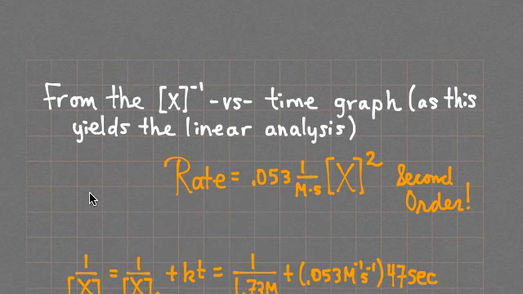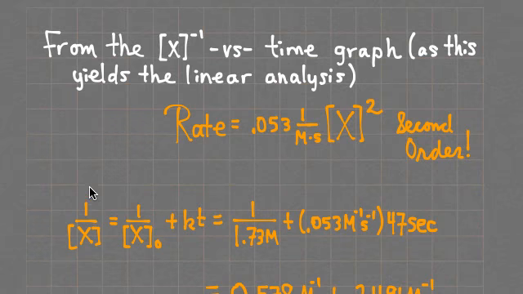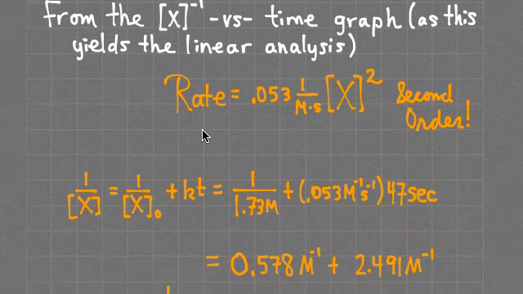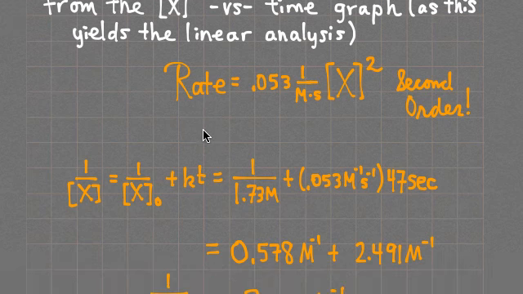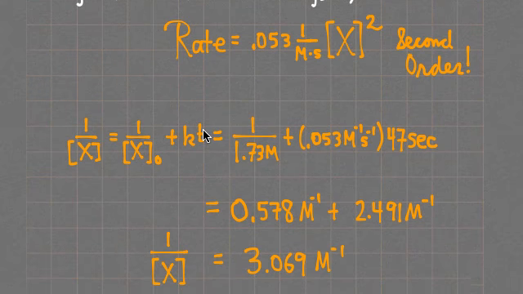So from the reciprocal of x versus time graph, as this yields the linear analysis, I wrote the rate law, second order, because the reciprocal linearized it, and the constant is that. Although I don't really need this, I was just reviewing what it would look like if I were to get a linear analysis with the reciprocal of x.